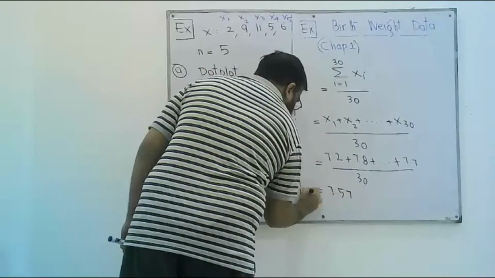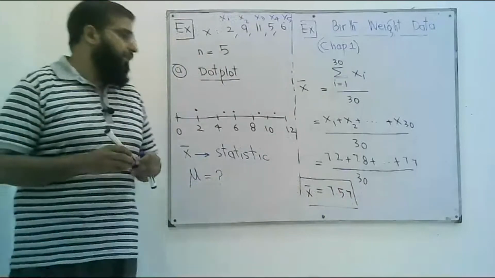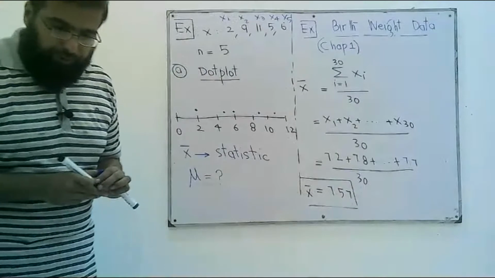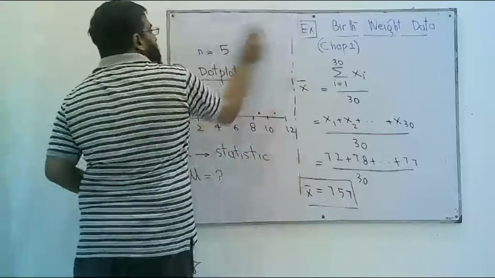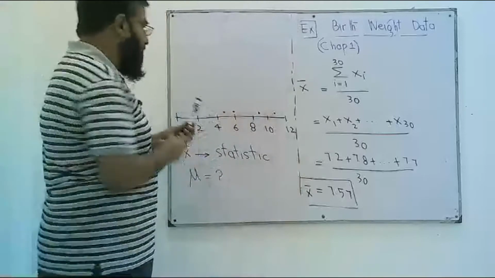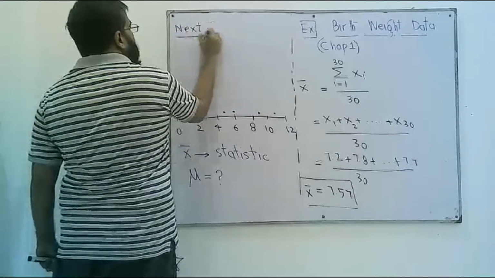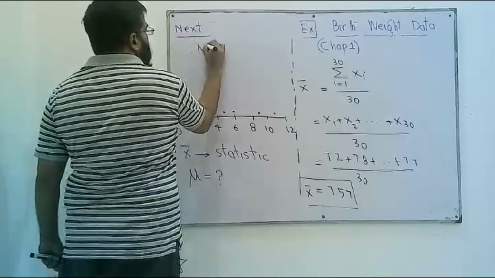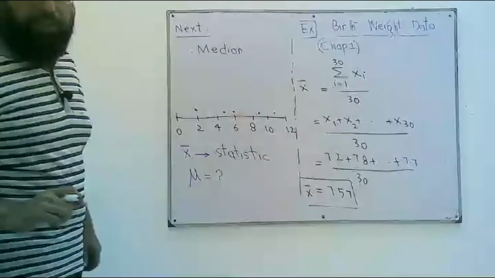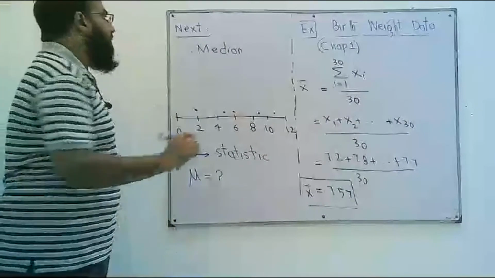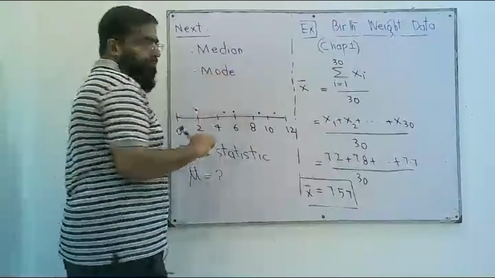So you can experiment it at home and compute the arithmetic mean of the birth weight data we studied in chapter number 1. Right, that's all for this lecture, and in our next lecture we will study two more measures of center, namely median and mode. Right, thank you.